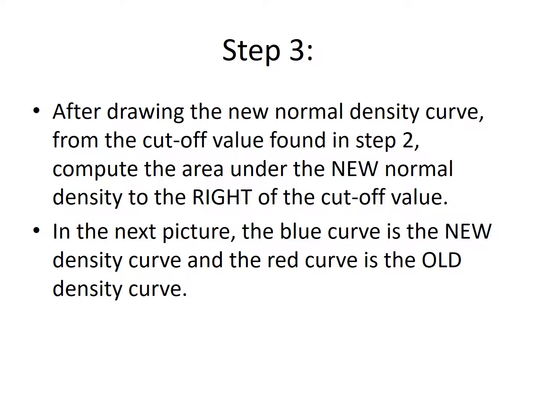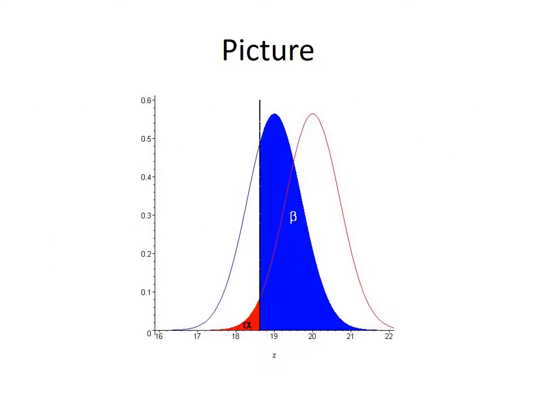In the next picture, the blue curve is the new density curve, the red curve is the old density curve. Beta, the probability of a type 2 error, will be shaded in blue on this next diagram. So here is the diagram described previously.